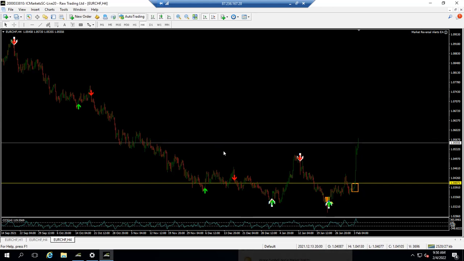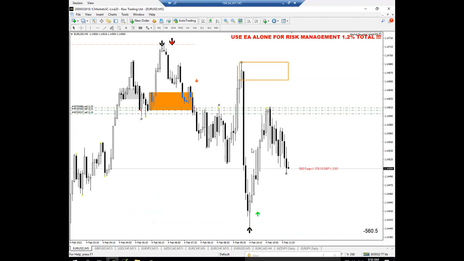So yeah, this is how I personally use the EA. I do my analysis, I set the EA up where I want to take the trade, and then it takes the trade. If the trade is wrong, it's wrong. When it's ready, it's going to take yet another trade and average out, just like it is on this euro.